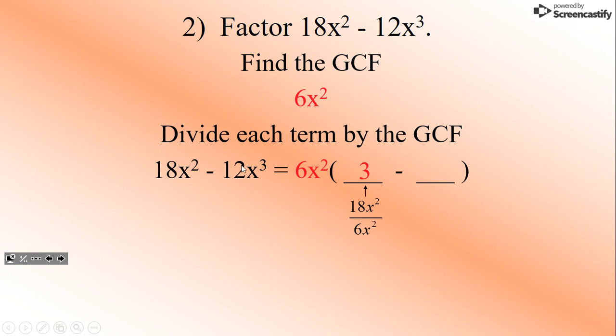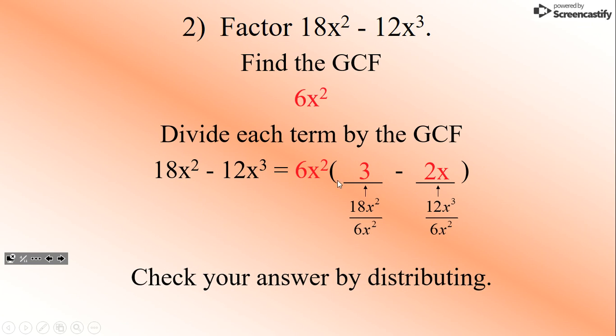Then we take the second term and divide it by 6x squared. 12 divided by 6 is 2, and x cubed divided by x squared is x. So this is our answer to what is the factorization of this.